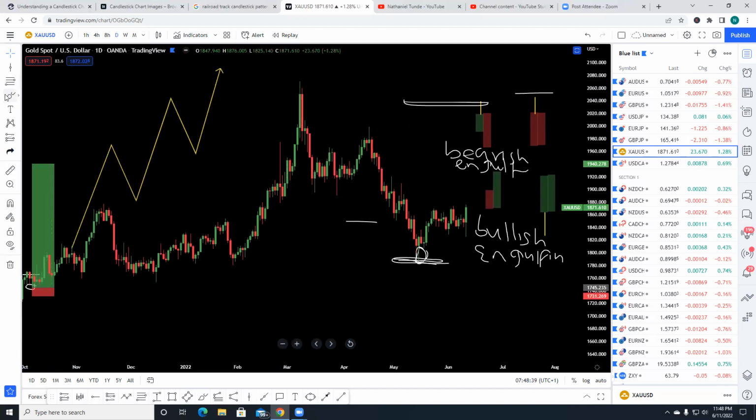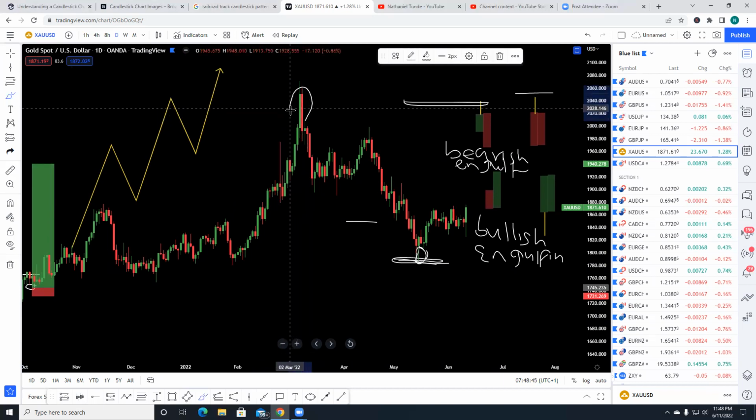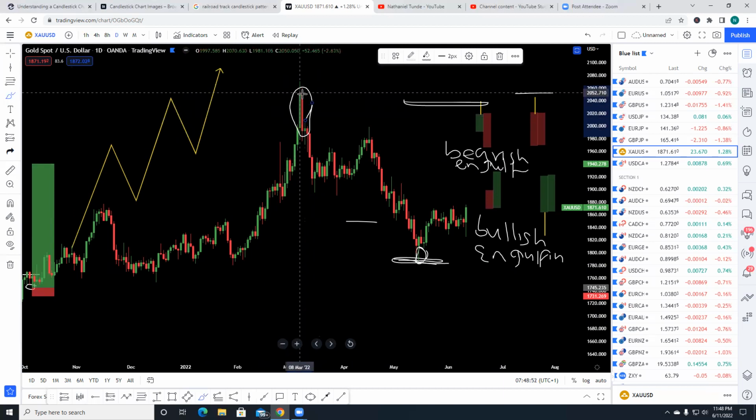Can you see? It looks like a railroad track. But you see, this one is of the same size with this one.